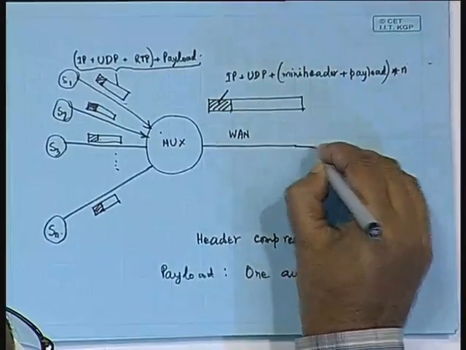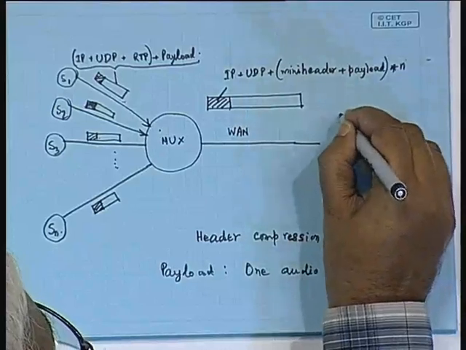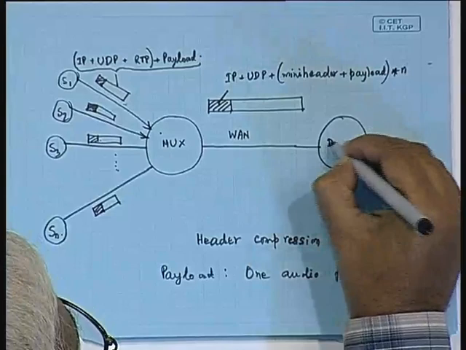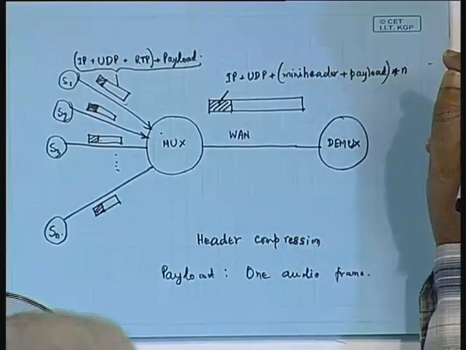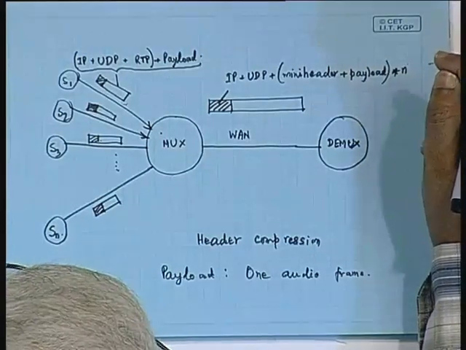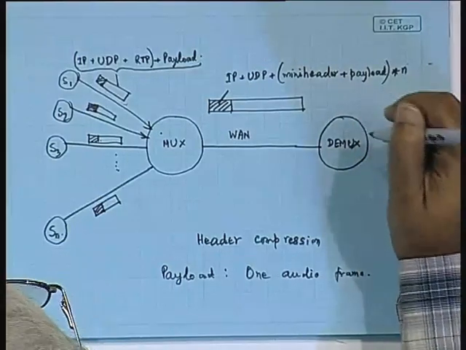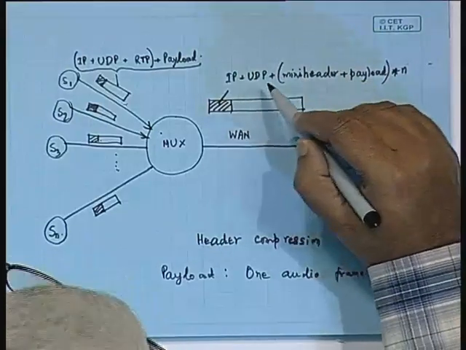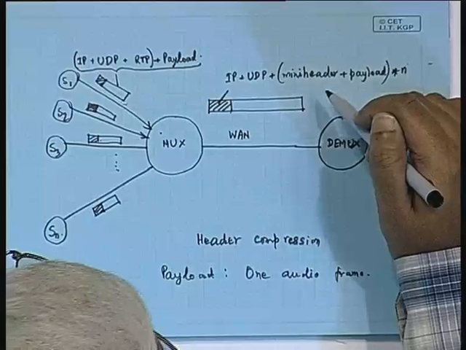Now, at the destination end, just the reversal will be done. That means to say that here we have to have a demultiplexer. Now, what the demultiplexer will do is that from the header information it will identify that this is the demultiplexer that we are looking for, and then after the IP and UDP headers the individual streams will be obtained.